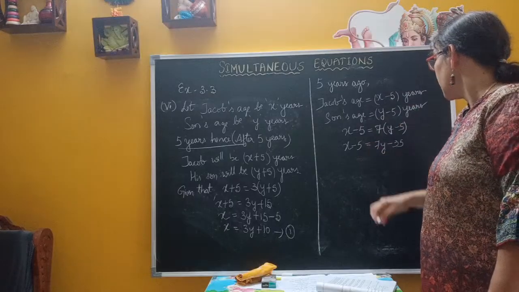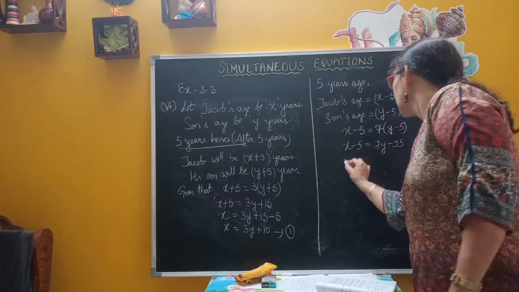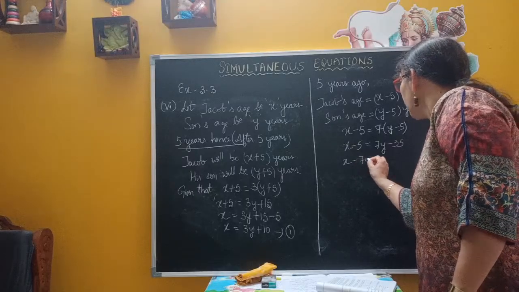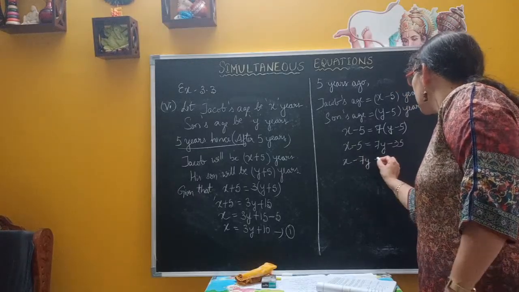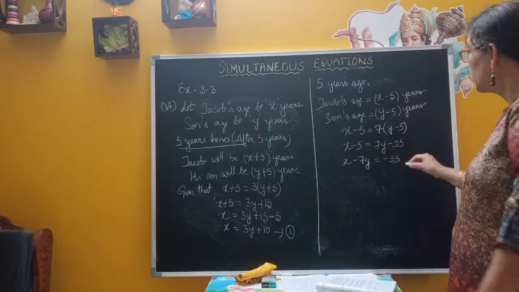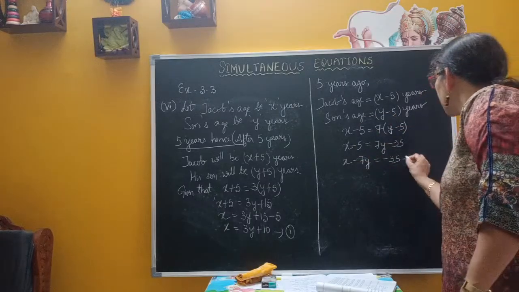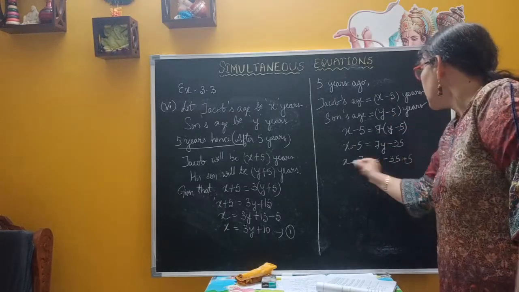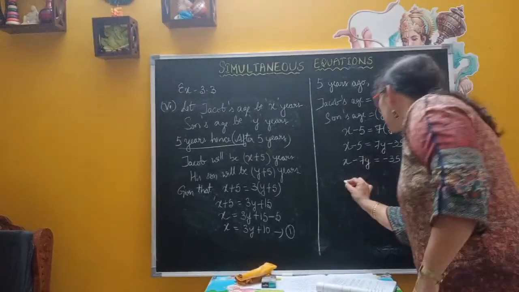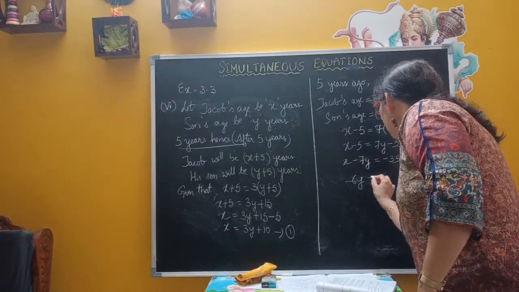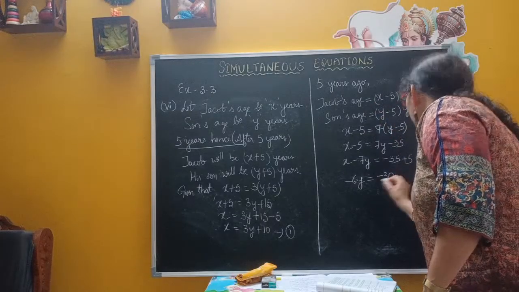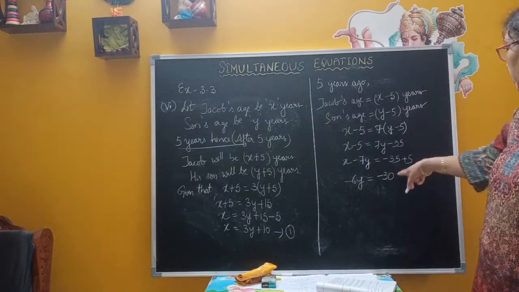So x minus 7y is equal to minus 35, and transpose minus 5 to RHS, it becomes plus 5. So x minus 7y, what do we get? Minus 6y is equal to minus 30, 35 minus 5 is 30.